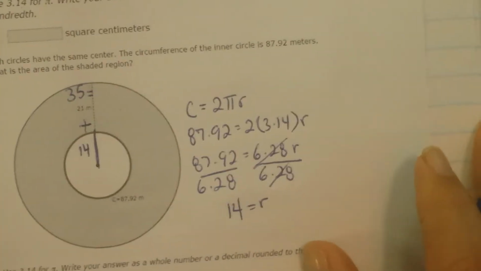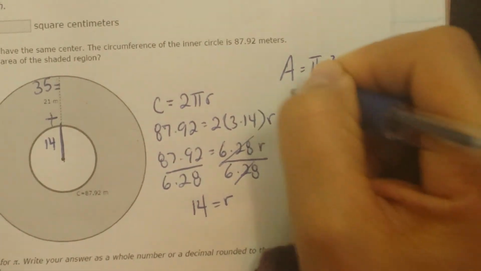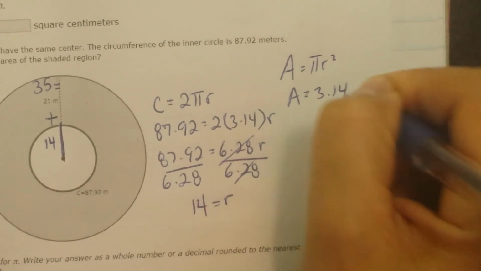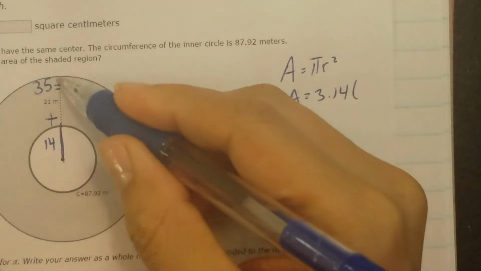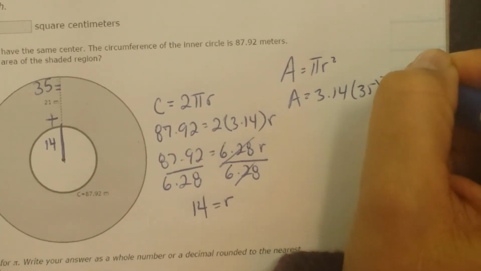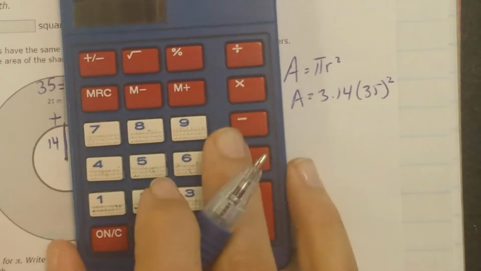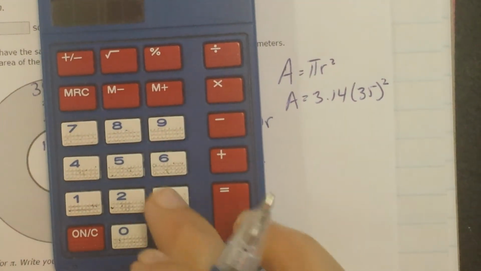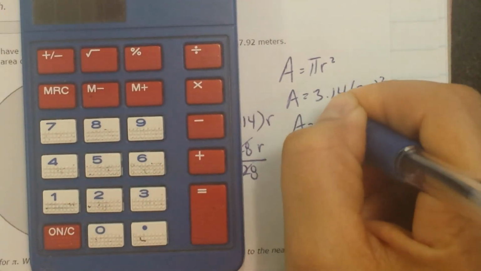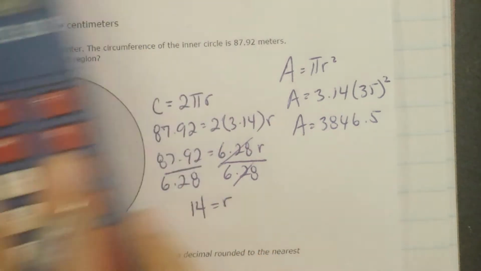Area of the big circle is pi r squared, so 3.14 times 35 squared. 35 times 35 times 3.14 gives the area of the big one as 3846.5.